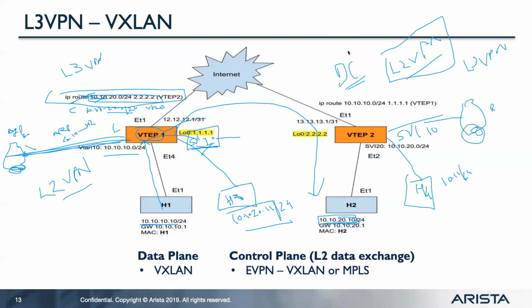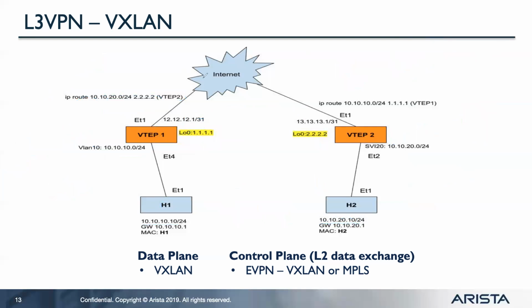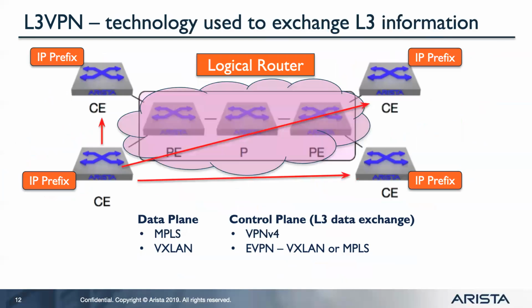But for a service provider, the use case can be more of L3 VPN, where what will happen is, here you are the Arista office, right? And this is again the Arista HQ office, right? And this the BLR office, right?